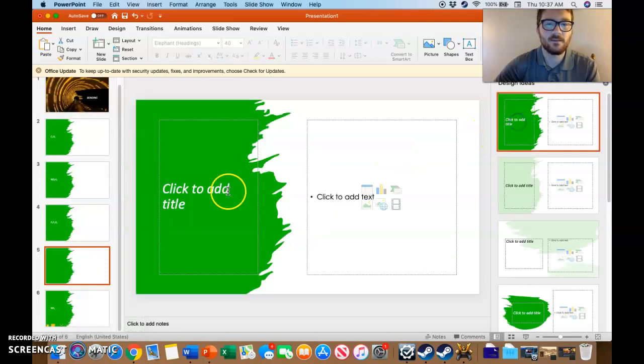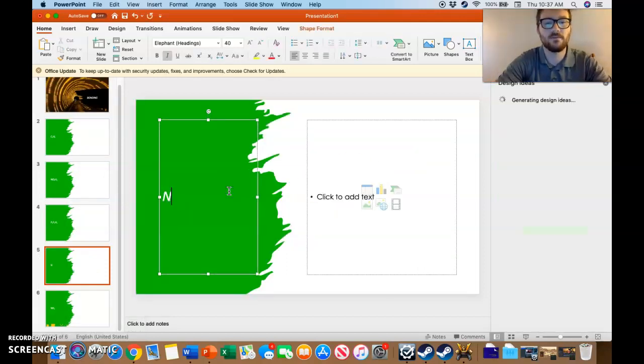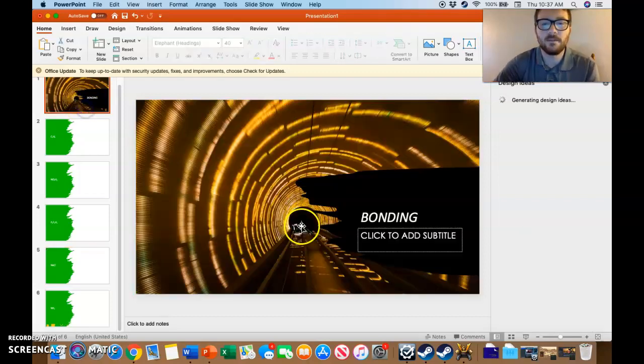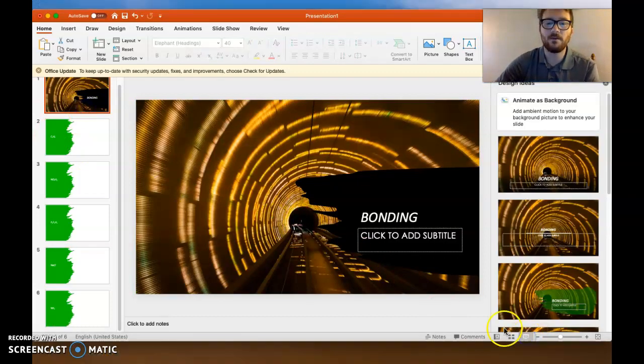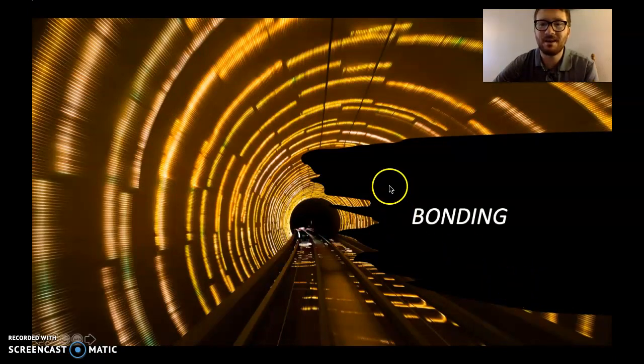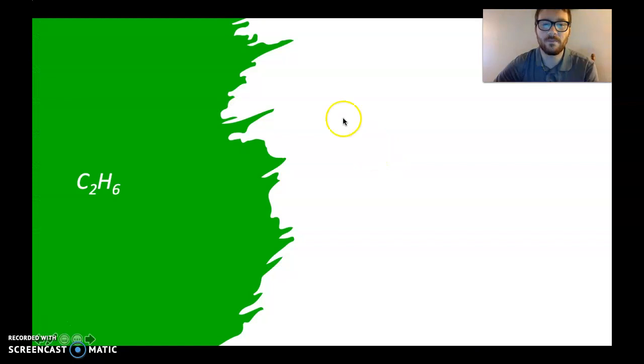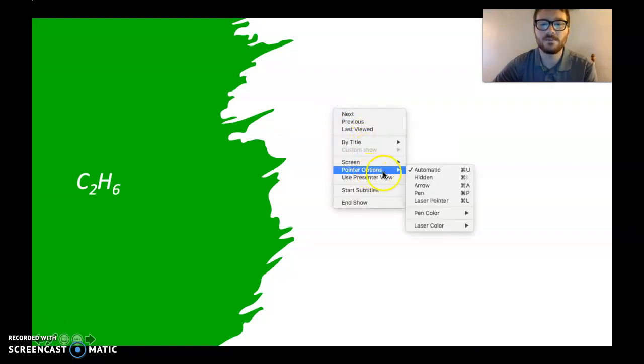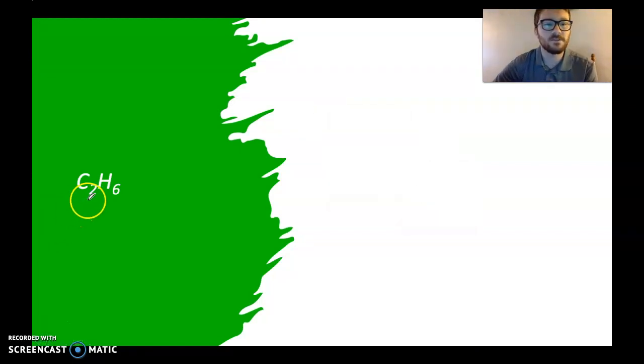I'll add one more in and give you an example of an ionic bond. But anyway, I came up with a short PowerPoint on bonding. Maybe you can take a look and work with me, write these things down. So, C2H6.